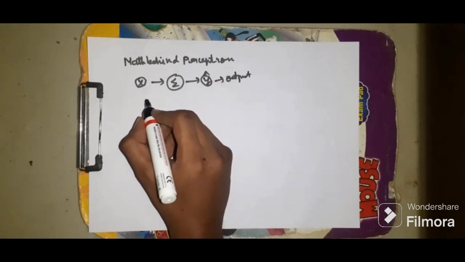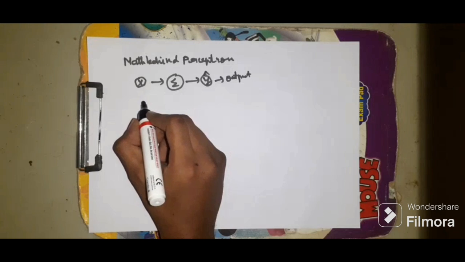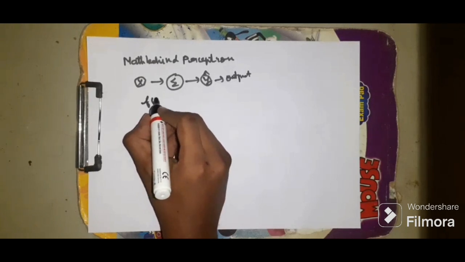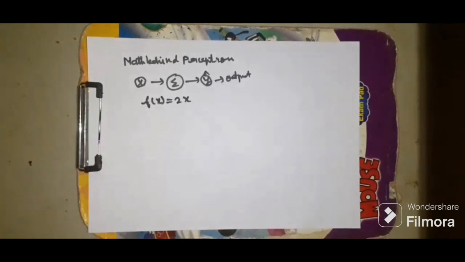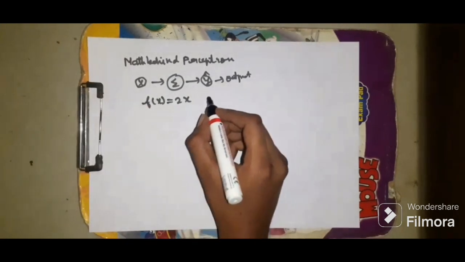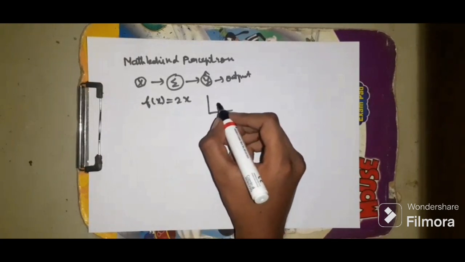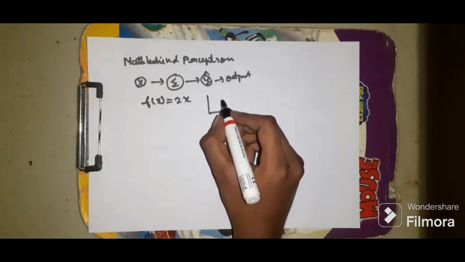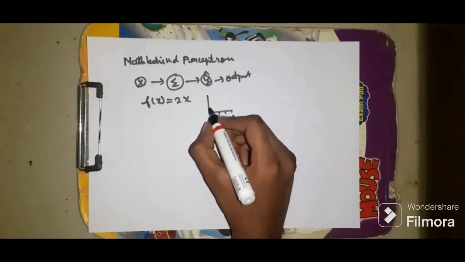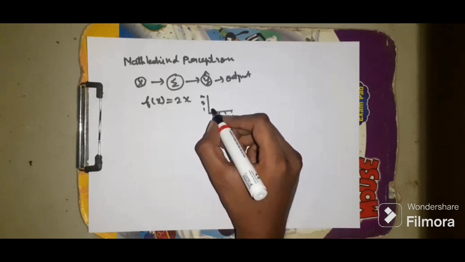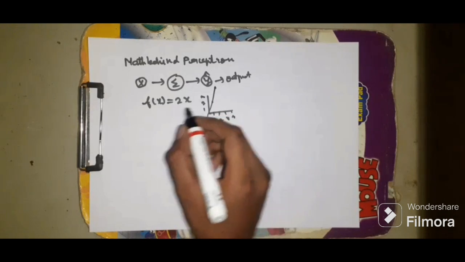And if we train this model, for example, if we want to find out a function, if we want to graph this function, this model will give us the graph.